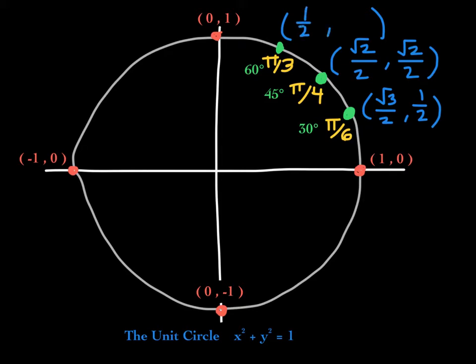And sine of 60 degrees is root 3 over 2.